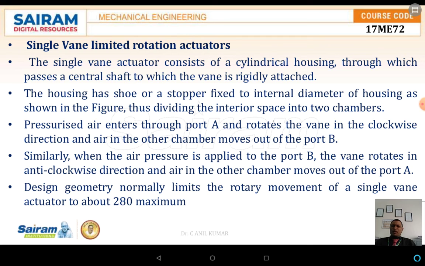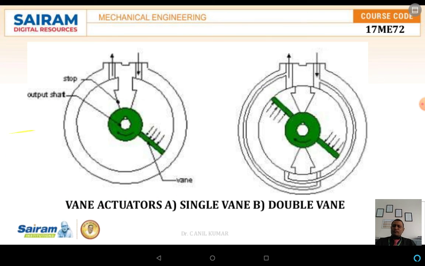The design geometry normally limits the rotary movement of a single vane actuator to about 280 degrees maximum. The schematic diagram shows the vane actuator having a single vane and also a double vane.